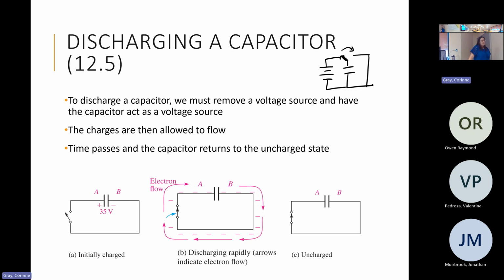So with these circuits that we've been looking at here, we've been keeping it isolated from the resistor. So these are just capacitor circuits. And in reality, you're not going to just have a capacitor circuit. It's not very interesting by itself.